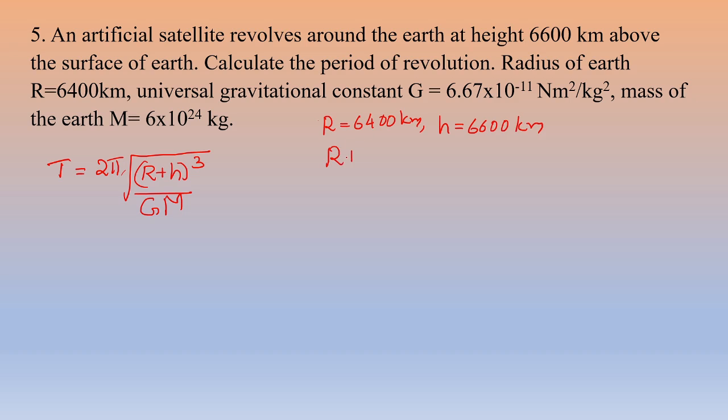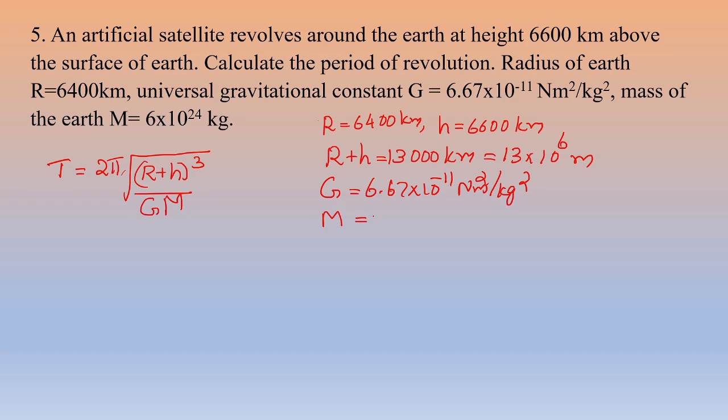So R plus H is equal to 13,000 kilometer, that we can express as 13 into 10 raised to 6 meter, and the value of capital G that we know, 6.67 into 10 raised to negative 11 Newton meter square per kilogram square. Capital M is equal to 6 into 10 raised to 24 kilogram.